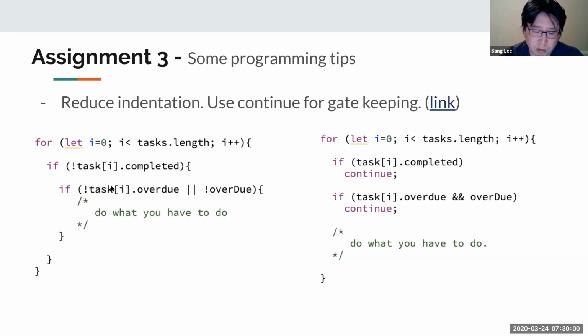I don't know whether you did it this way or not, but let's say you did, and this is going to increase the level of indentation, while this is going to check the opposite of what's available here, and then use continue, which means that it's going to go back to the next item in the queue, the next item in the array. So again, it works like a gatekeeper.